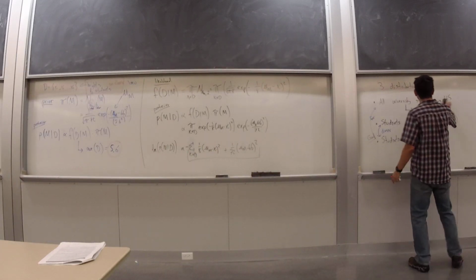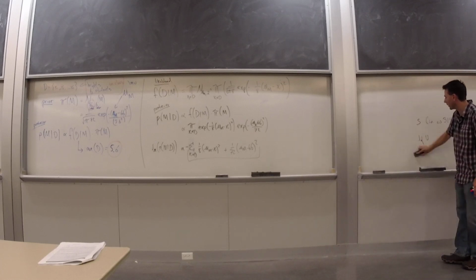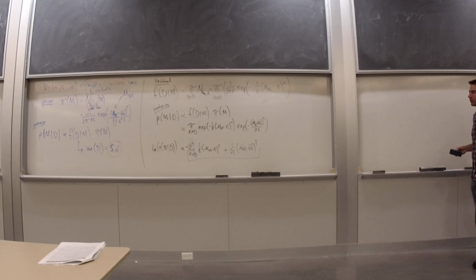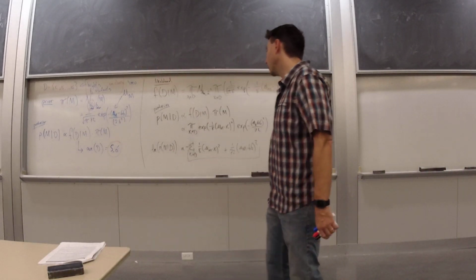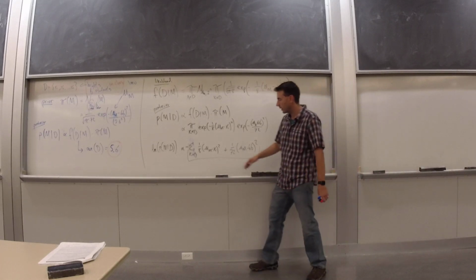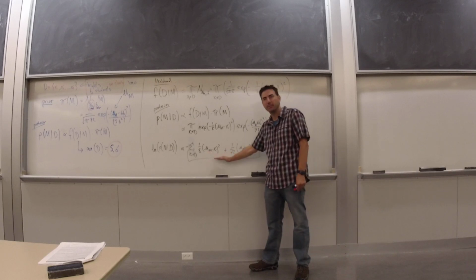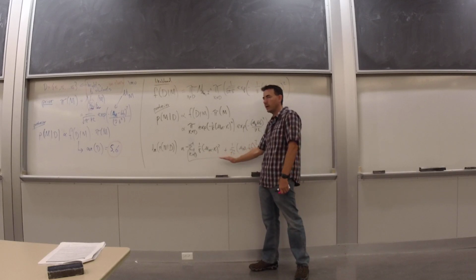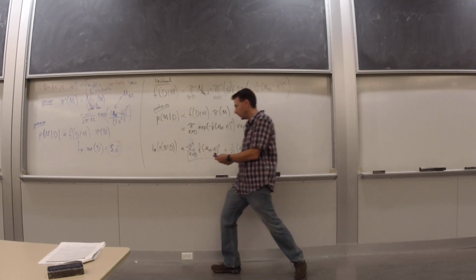At this point, it's safe to step through these calculations. Okay, so the next thing is that I've written down this log posterior, and I want to maximize the log posterior, or minimize the negative log posterior.